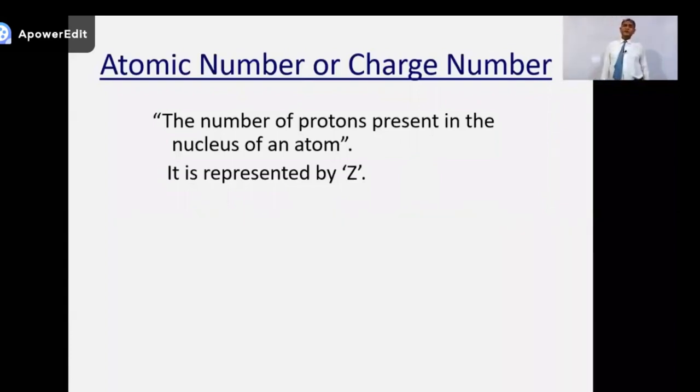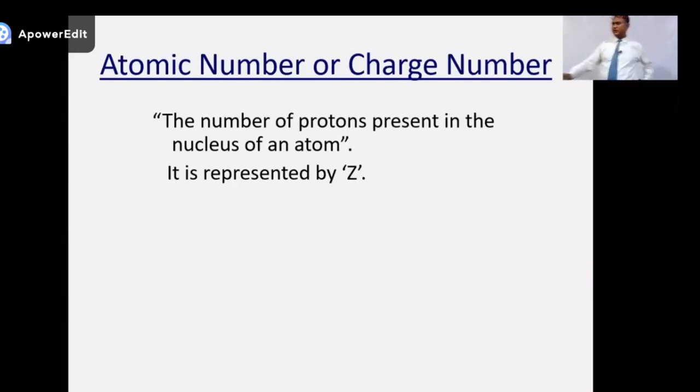So I'm repeating, number of protons, very important. It gives you the characteristic. Its number gives you the characteristic properties to an atom. Number of protons changes, the name of the atom changes. 1 proton, hydrogen. 2 protons, helium, and so on.